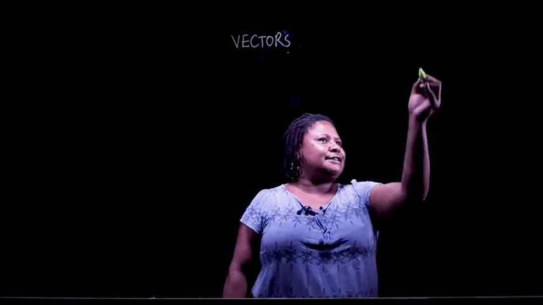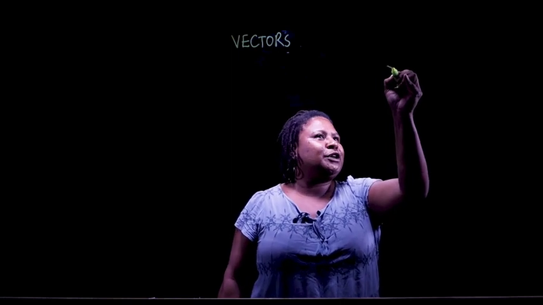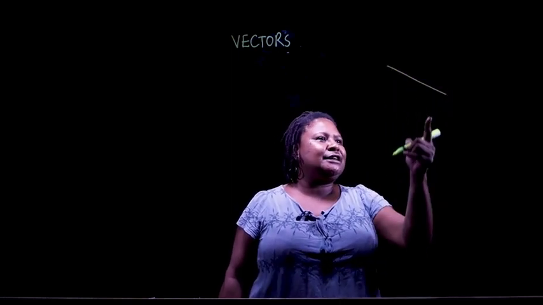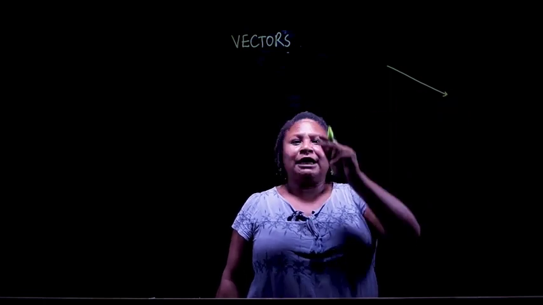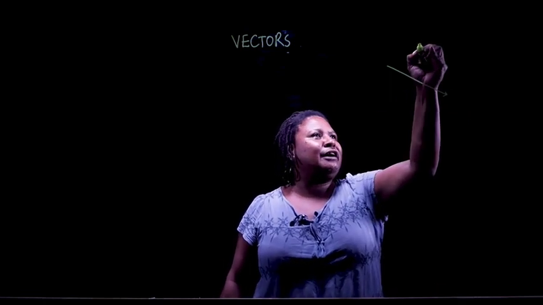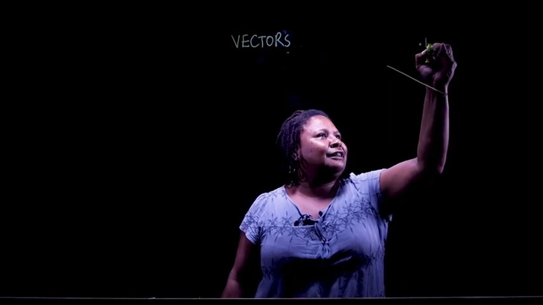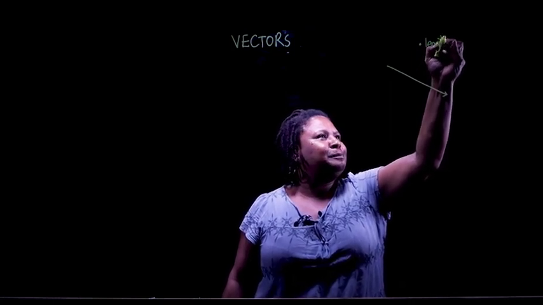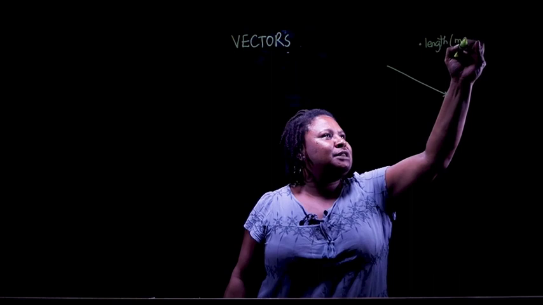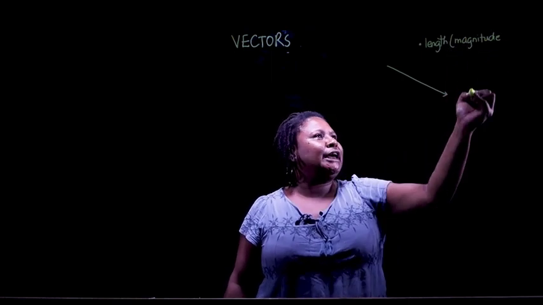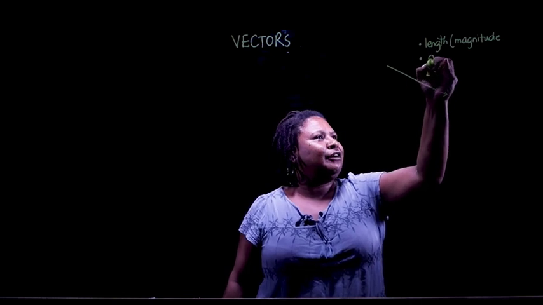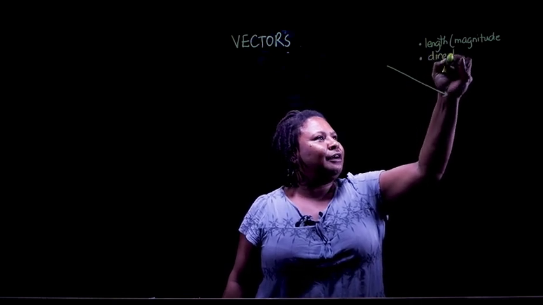Very simply, vectors are lines. Any which way you draw a line, let's say this is our line, this is a vector because vectors need to have length, or measurement, which is sometimes referred to as magnitude, and direction.